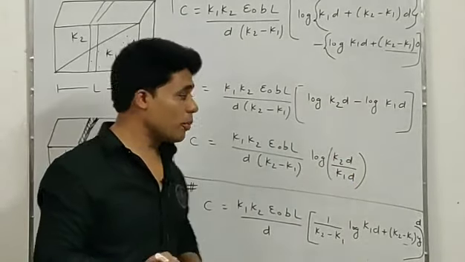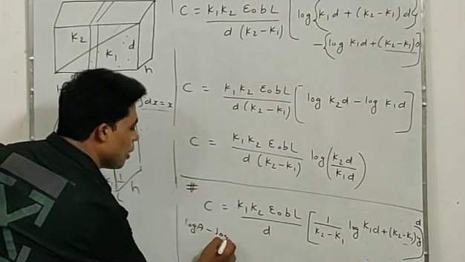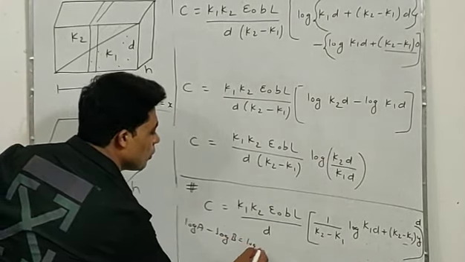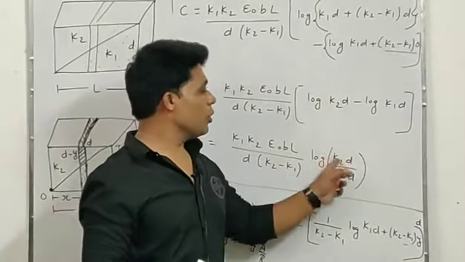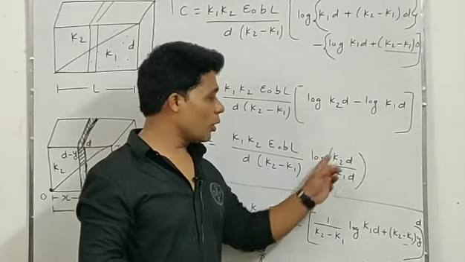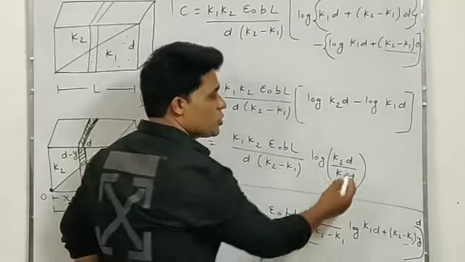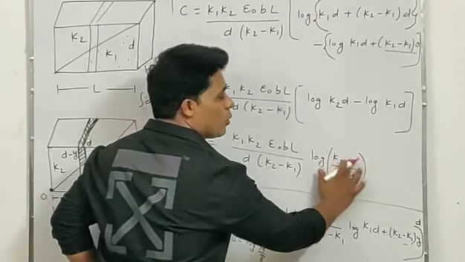Now students, we have the formula log A minus log B equals log A upon B. On account of that, log K2 D minus log K1 D is log of K2 D by K1 D. Now students, D and D cancel out.